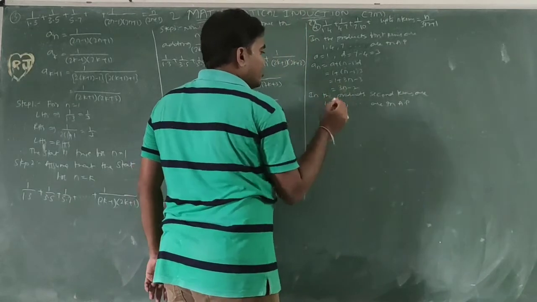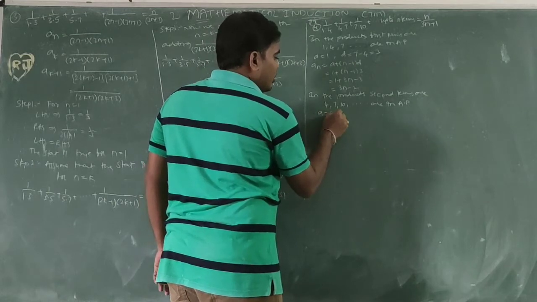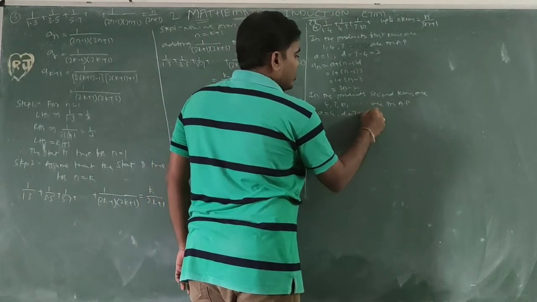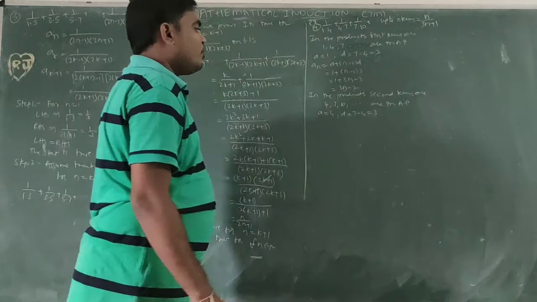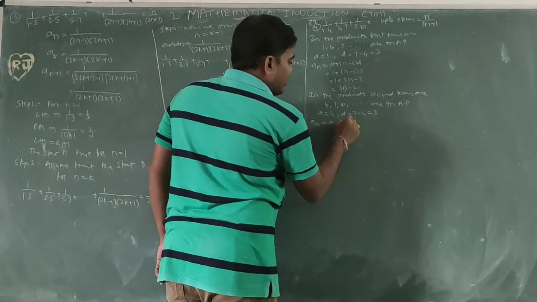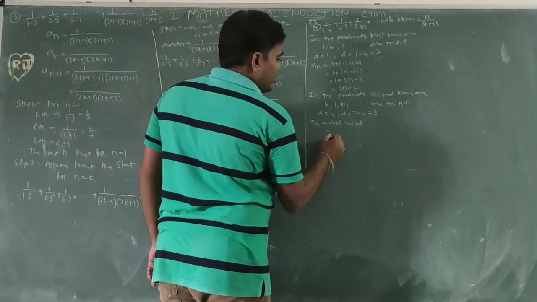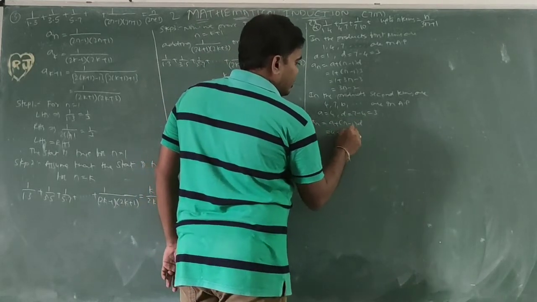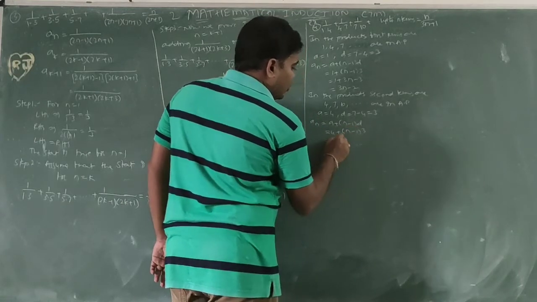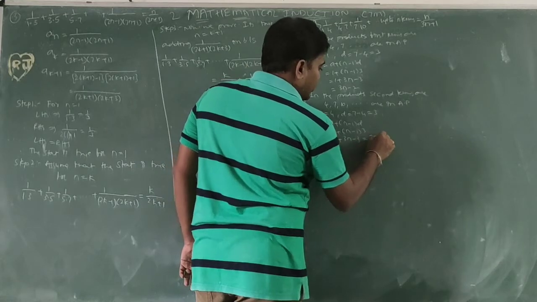So these are also in AP, with a equal to 4 and d equal to 7 minus 4 equal to 3. An equals a plus (n minus 1) d, which is 4 plus (n minus 1) of 3, so 4 plus 3n minus 3 equals 3n plus 1.